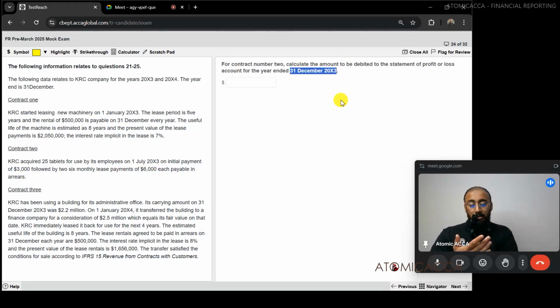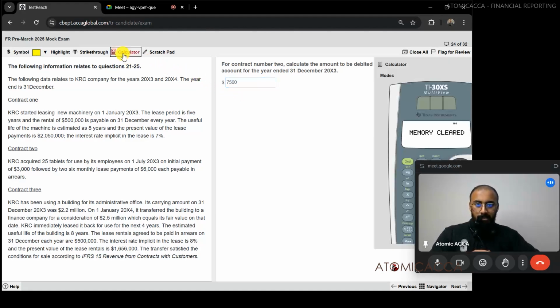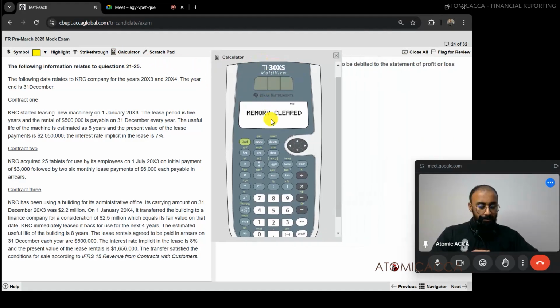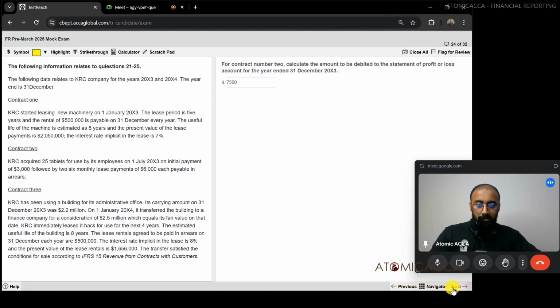So for July, August, September, October, November, December, 6 months, it will be 15,000 multiplied by 6 divided by 12. That's half of 15,000, which is 7,500. So that is done.